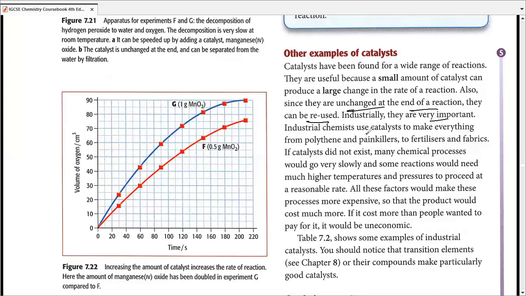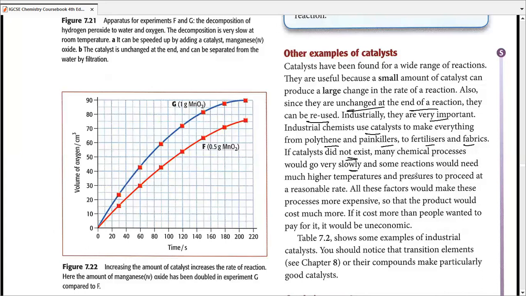We increase the rate of reaction when we keep on reusing them. We actually use catalysts to make everything from polythene, plastics, painkillers, fertilizers, fabrics, name a thing. Industry tends to use catalysts for many important chemical processes, because if the catalyst does not exist, the chemical processes would be very slow.